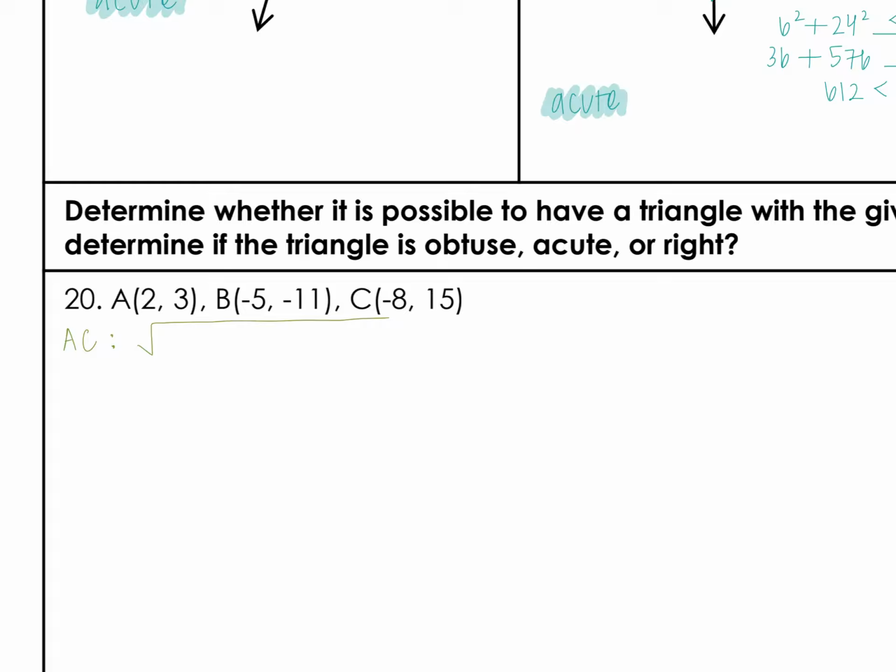I'm going to plug into my distance formula to find the length. We're going to have 2 minus that -8, so plus 8 squared, plus my 3 minus 15 squared.